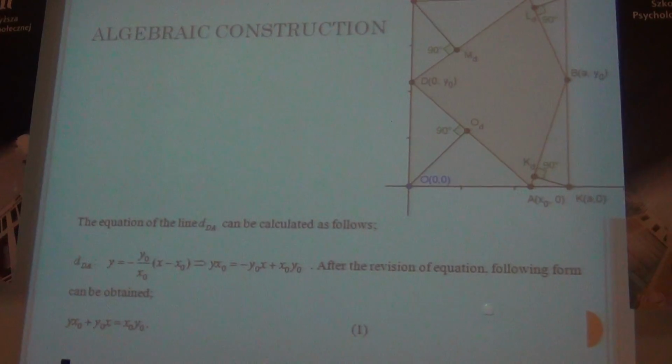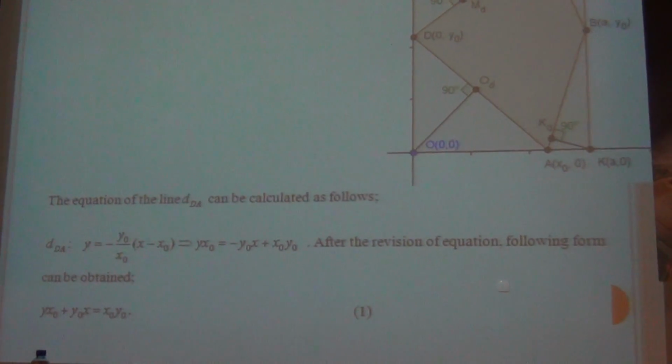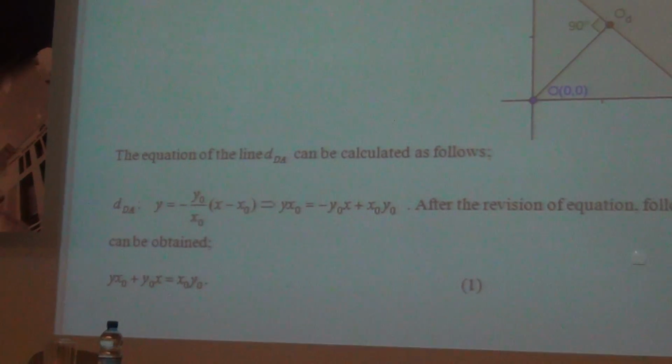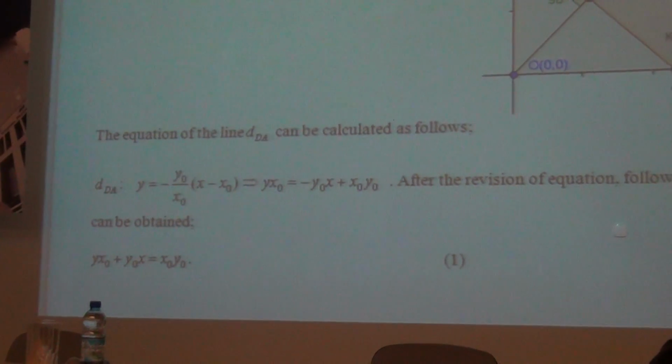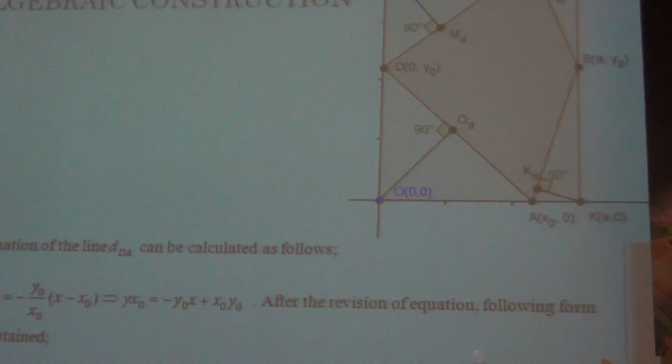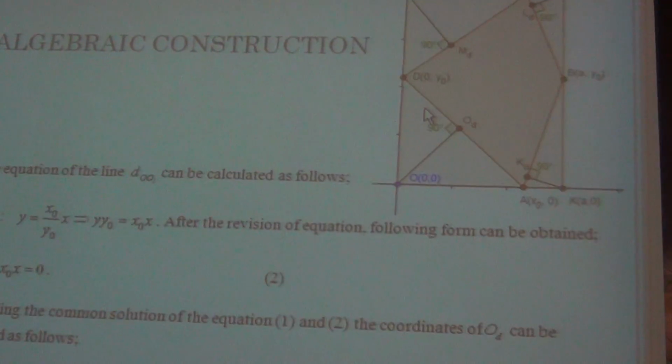The equation of the line D sub A can be calculated as follows. We want to find these points: O sub D, K sub D, L sub D, and M sub D. But we need some equations.